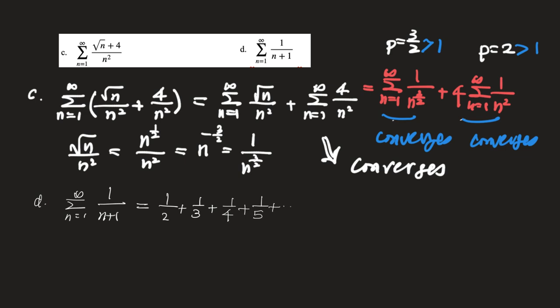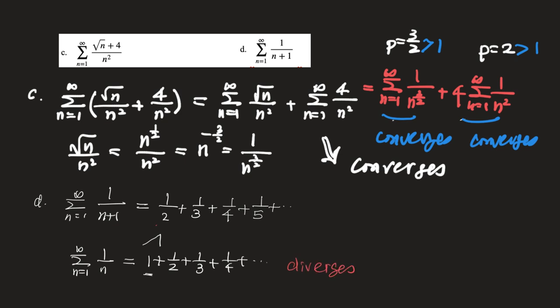The harmonic series starts here: summation n equals 1 to infinity of 1 over n. We know that this diverges already, and this one is expanded: 1 plus 1 over 2, 1 over 3, 1 over 4. Which one is bigger? This one is bigger, right? We added one more term. So this one diverges, we already know.